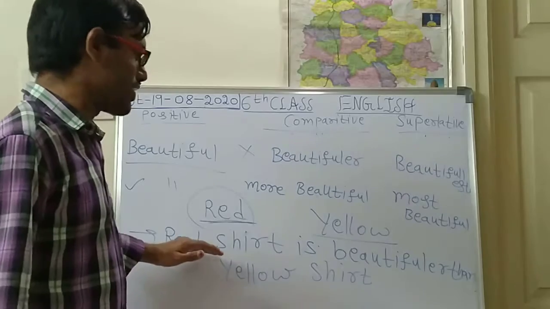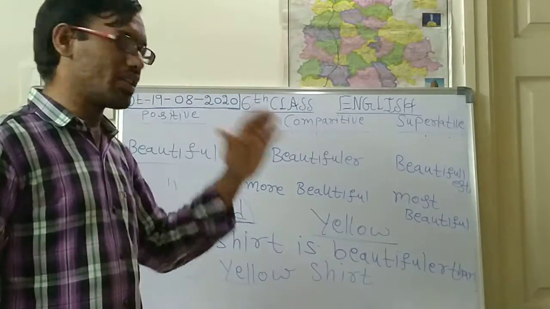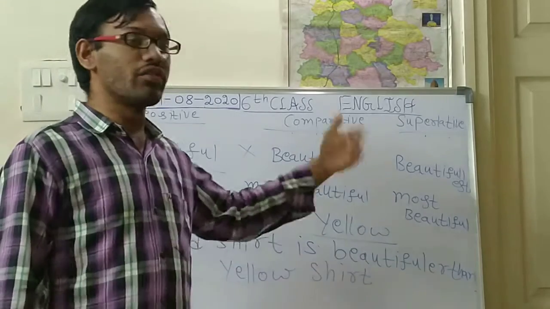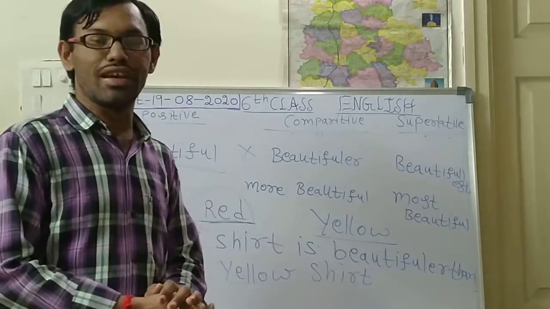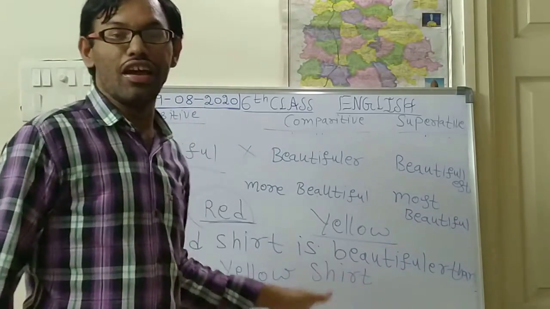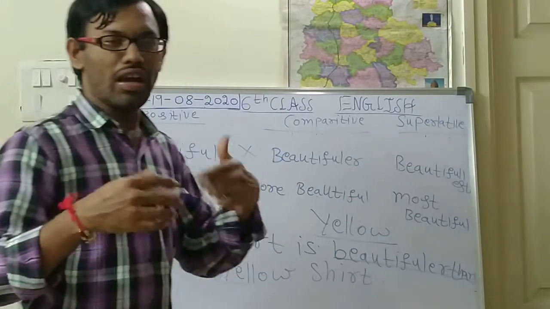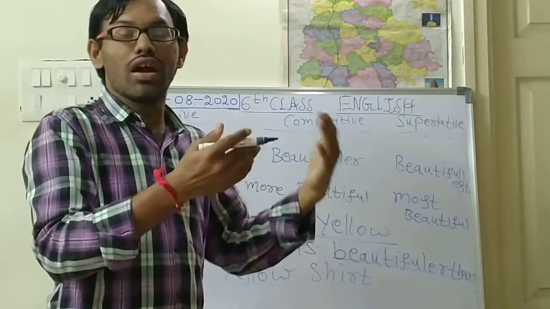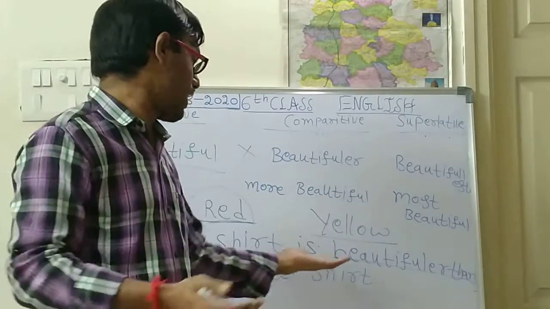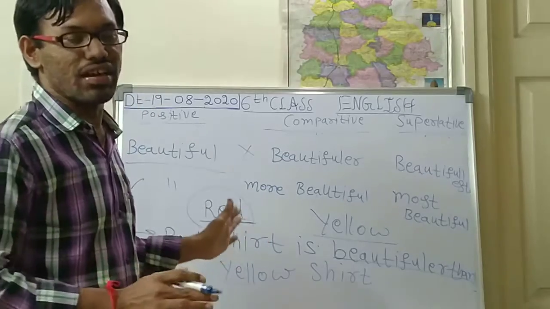So there you will be speaking, and whoever the shopkeeper is, he will be listening to all your words. Is it right? So you will say, red shirt is beautifuler than yellow shirt. If you say this, I think there may be an educated shopkeeper who is selling costumes like dresses and everything.